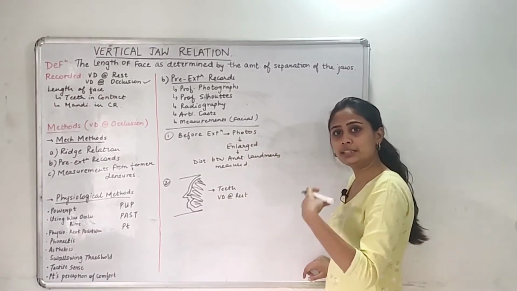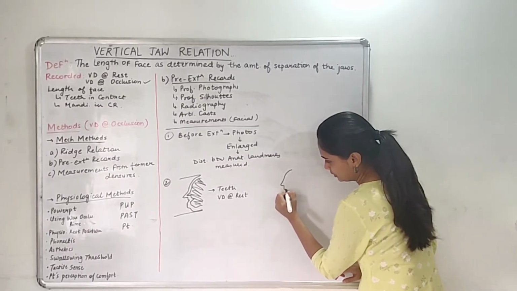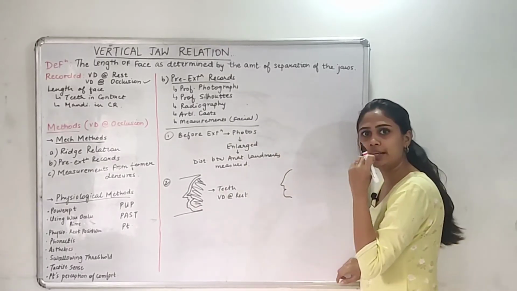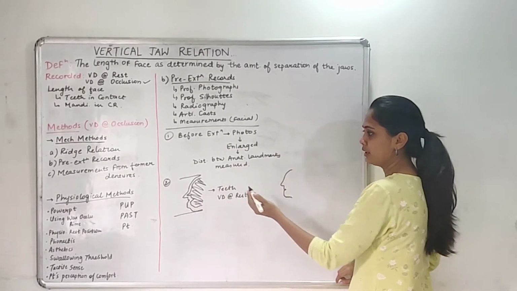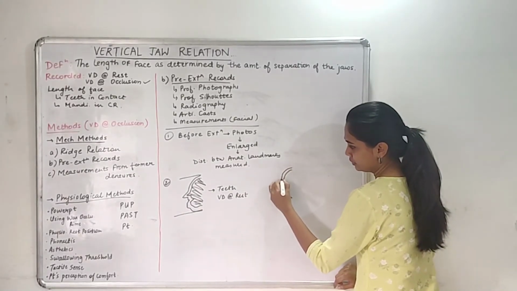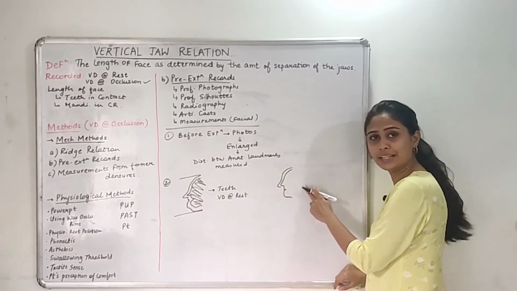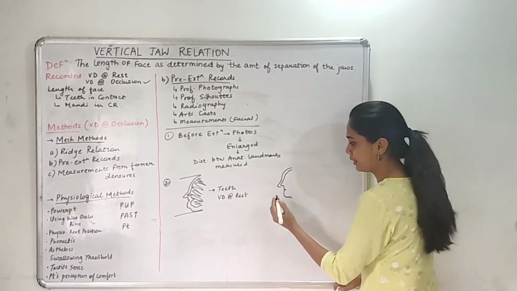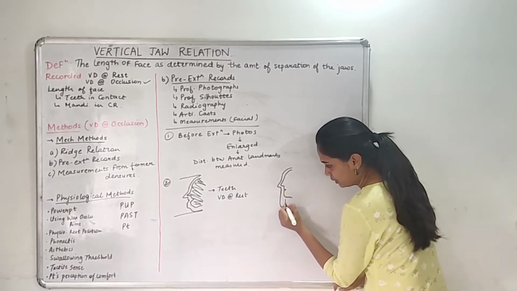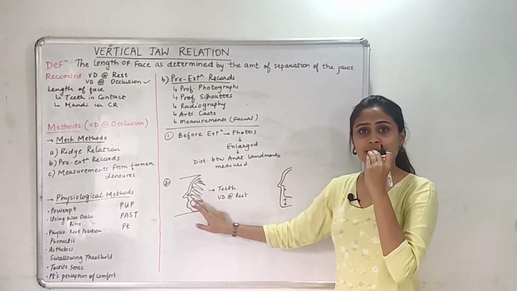Okay, so after the teeth are extracted, the patient would be looking something like this. He wouldn't be having so much space in between. Here we had the VD at rest, the vertical dimension and everything because the patient had teeth. Here the patient is not having teeth. So when we use this cardboard and place it here after the patient's teeth are extracted, we'll get a distance here, because here the patient had teeth.